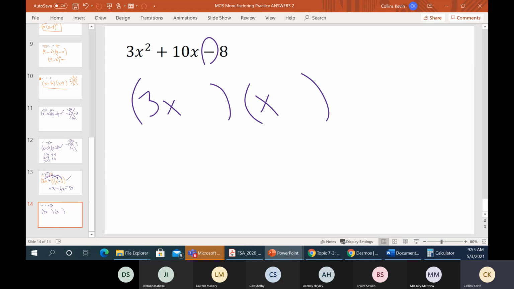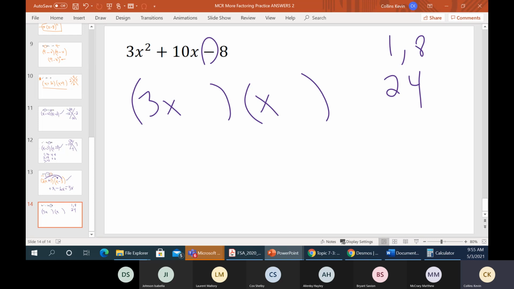But we need to figure out which one goes with which. All right, so we have a couple possibilities here. We can have 1 and 8 or 2 and 4. So those are possible numbers that are going to fill in the blanks here.